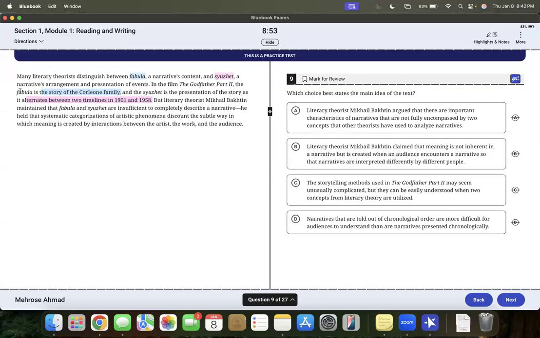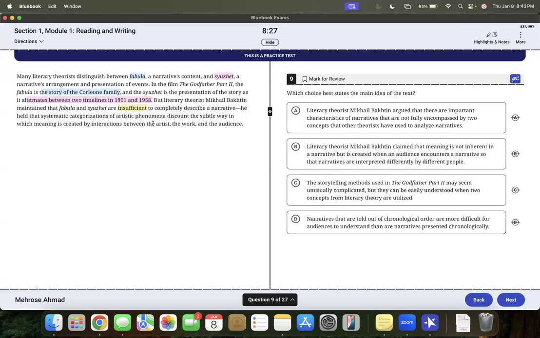If you note, I'm keeping the color themes consistent, so Fabula is always blue, Suzette is always pink. But literary theorist Mikhail Bakhtin maintained that Fabula and Suzette are insufficient. So this is a completely new idea, so I'm highlighting in yellow. To completely describe narrative, he held that systematic categorizations of artistic phenomena discount the subtle way in which meaning is created by interaction between the artist, the work, and the audience.